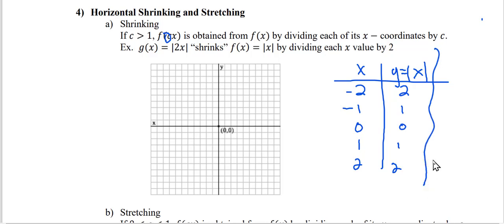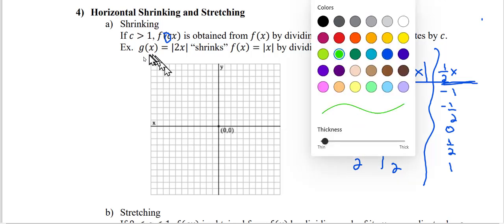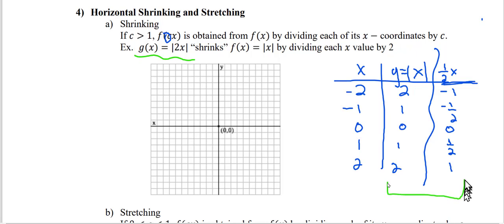Now, if we want to look at g of x equals the absolute value of 2x, we have to divide each x value by 2, which is the same thing as multiplying by 1/2. So we're going to say -1, -1/2, 0, 1/2, and 1. And now our ordered pairs for this g of x function are going to be these. Just be careful to keep them in the right order.